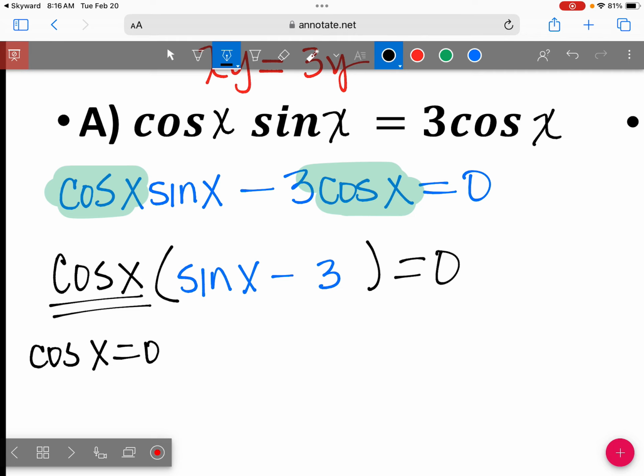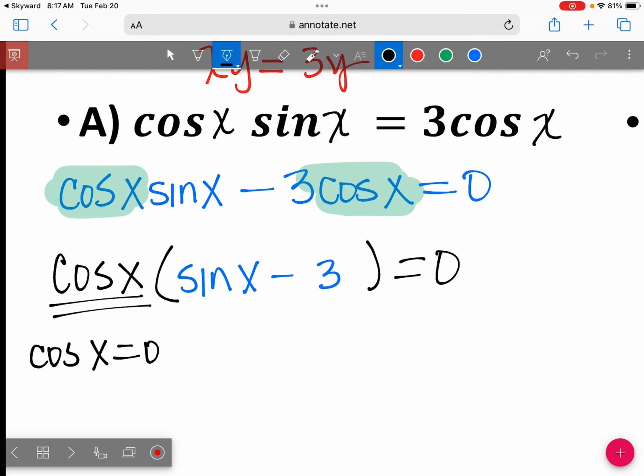Solve that. Well, that's already solved. So you're going to tell me on your unit circle. Take out your unit circle. What angles have a cosine of 0? So there should be 2 angles that have a cosine of 0.